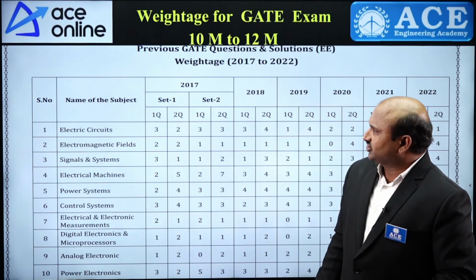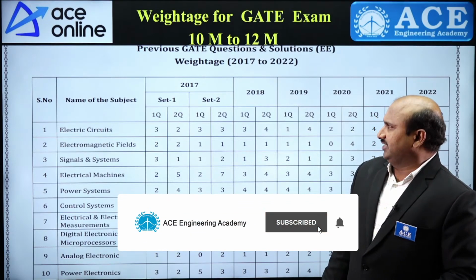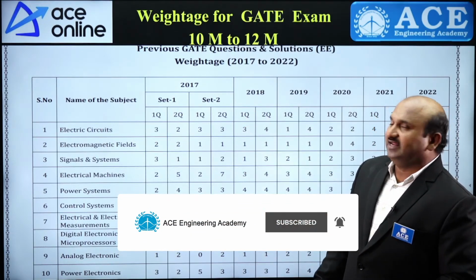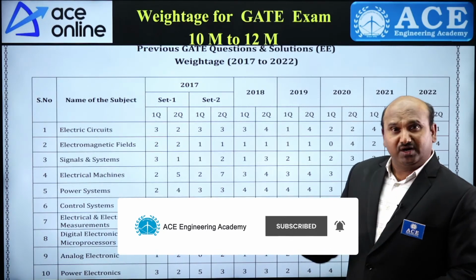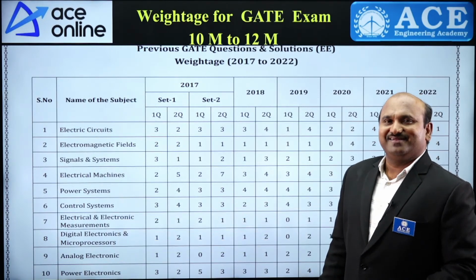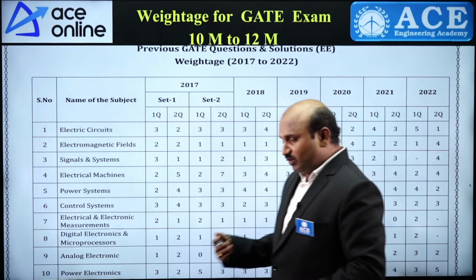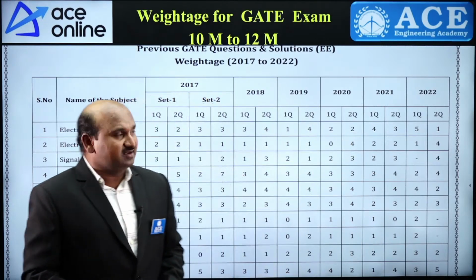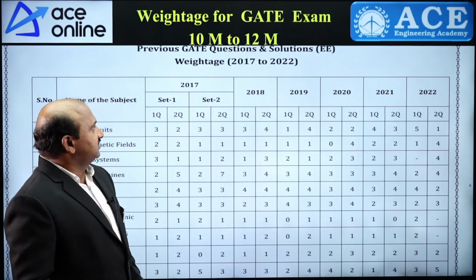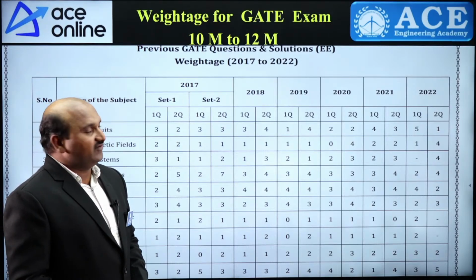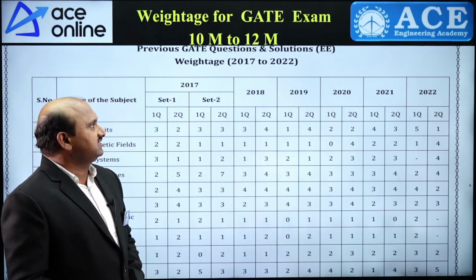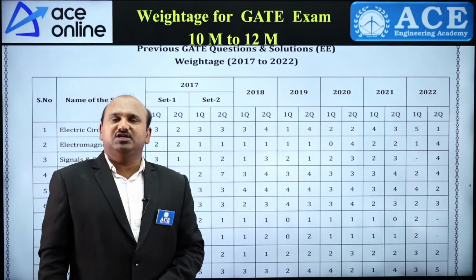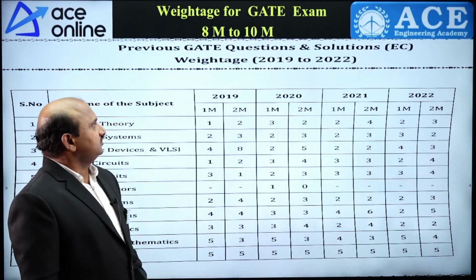Previously, in 2017, there was set 1 and set 2, morning session and evening session, right? But now you are having only one session. This is the weightage of electrical engineering from 2017 to 2022.